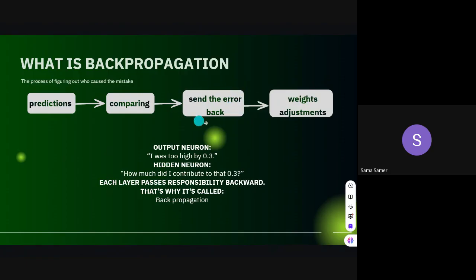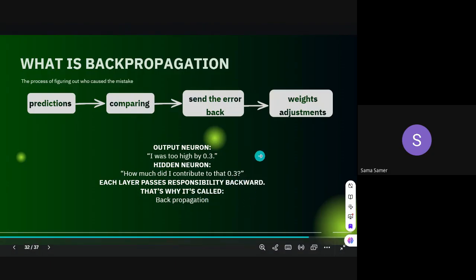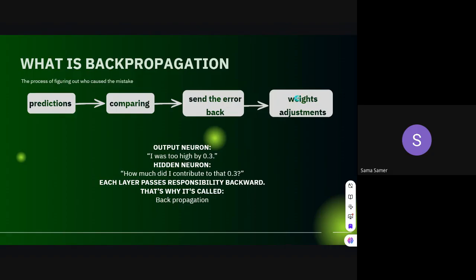So this 0.5 is sent back to our neurons, and it goes from the output to the input to adjust our weights. So the output neuron was too high by 0.3. The hidden neuron asks, how much did I contribute to that 0.3? And then it goes the backpropagation way, from the output to the input, to adjust its weight.